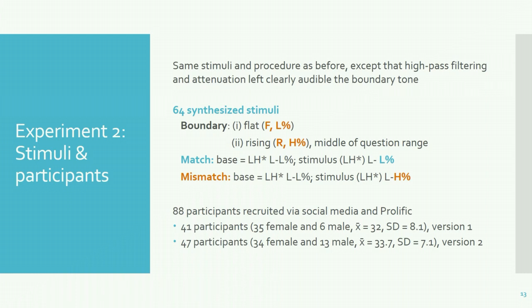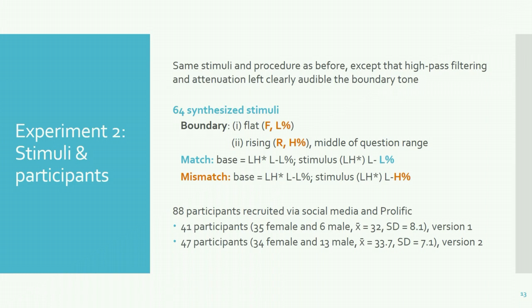With the same logic as in experiment 1, we have matches. A base with a low boundary tone that was manipulated to still have a low boundary tone is an instance of match, while an original low boundary that was manipulated in order to become a rising, high boundary tone is an instance of mismatch.